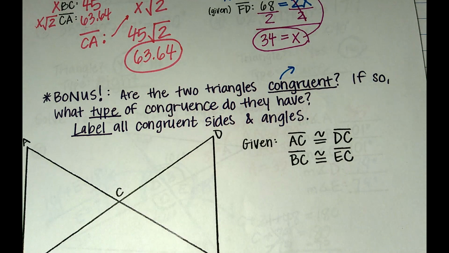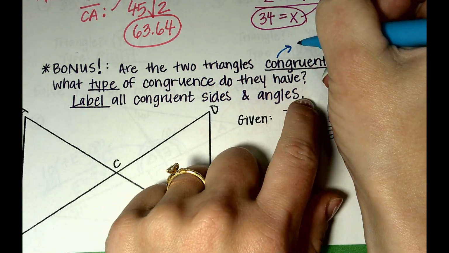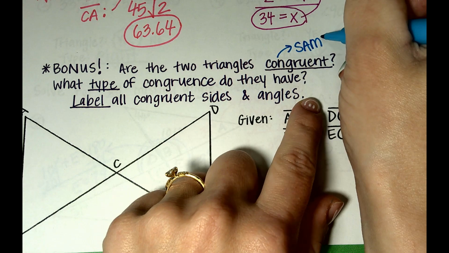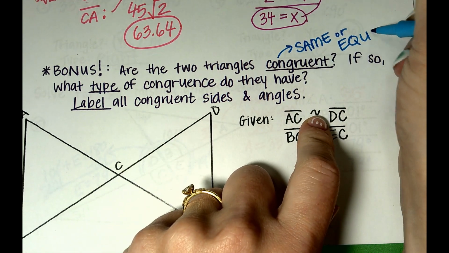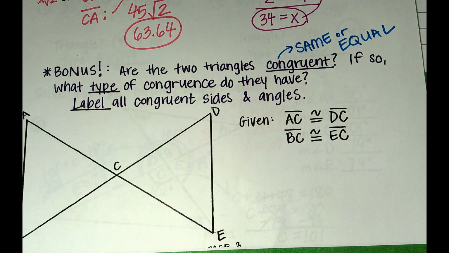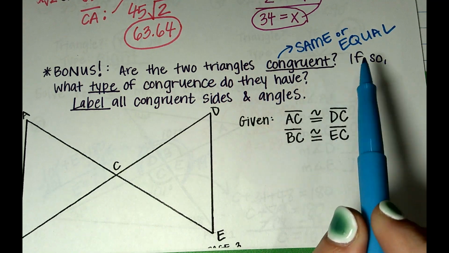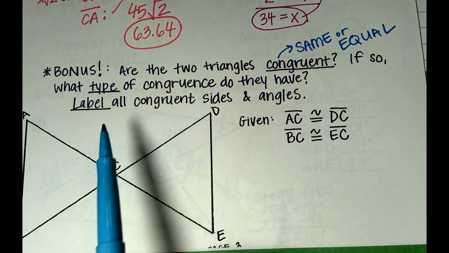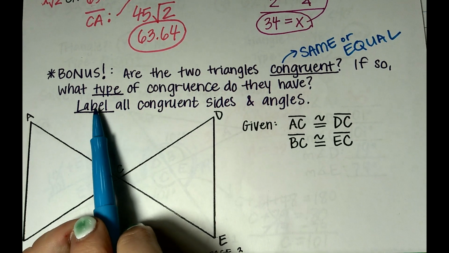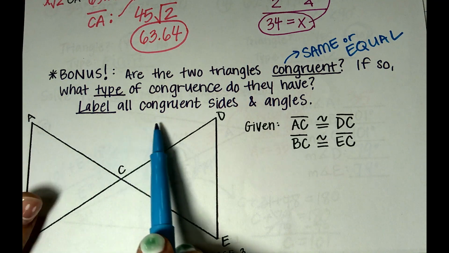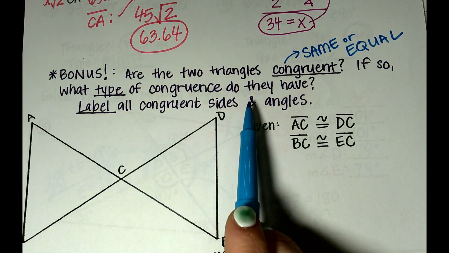Basically, they have the same side lengths, the same angle measures, everything must be the same. That's what congruent means. Now it says, if so, what type of congruence do they have? And I'm going to tell you the types. And then it says, label all congruent sides and angles.